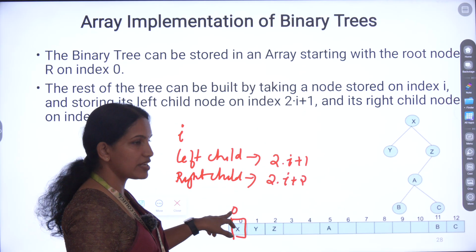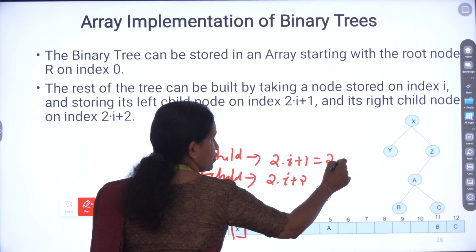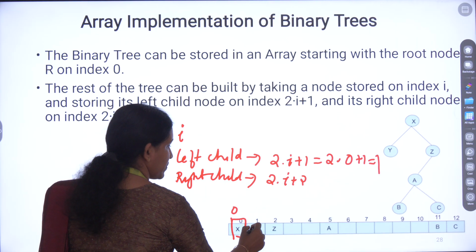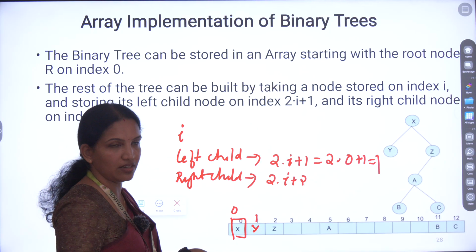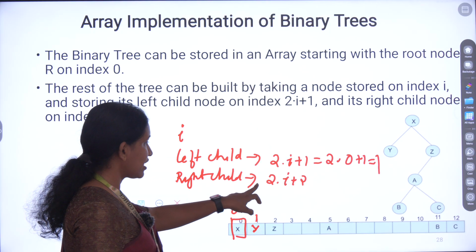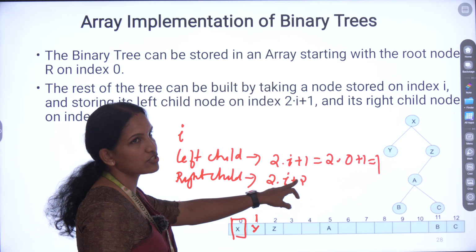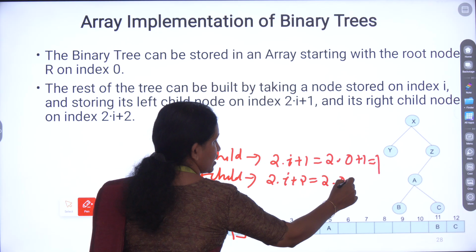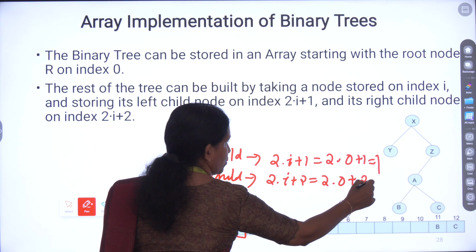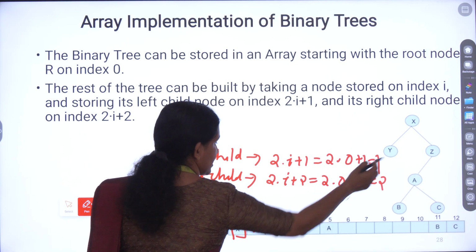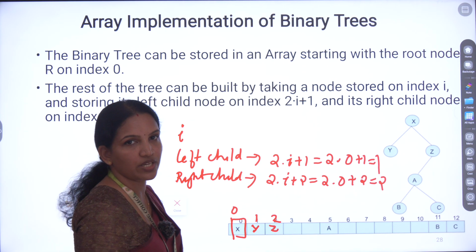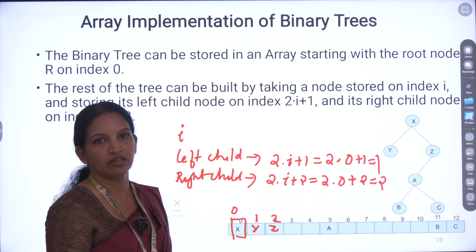Here the value of I is 0, so 2 into 0 plus 1 is equal to 1. So Y will be stored in index 1, and the right child will be stored in 2 into I plus 2, which is 2 into 0 plus 2, which is 2. So Z will be stored in index 2. Like that we can store all the elements from the tree.